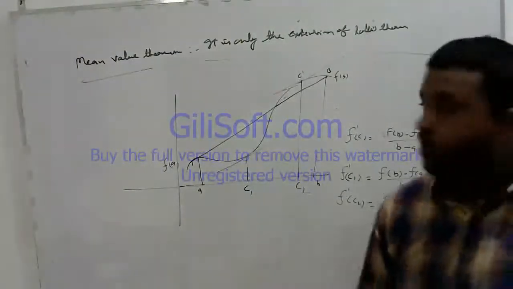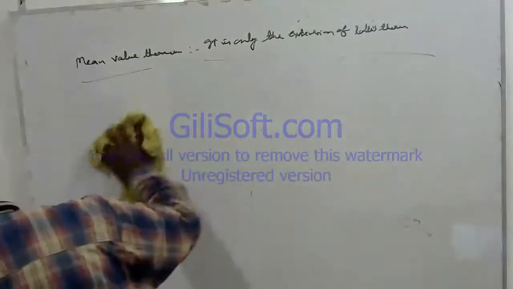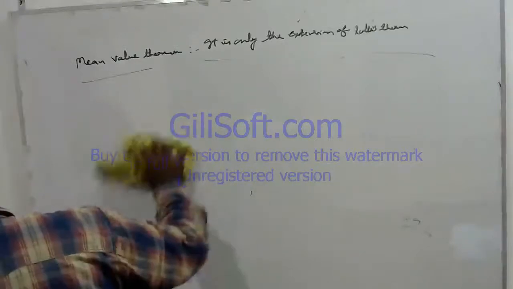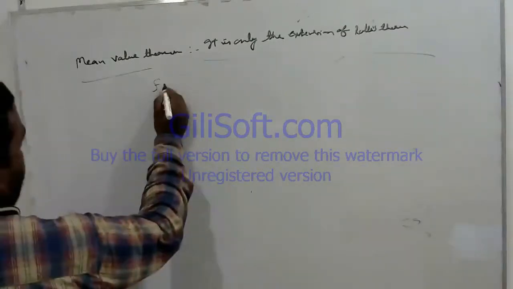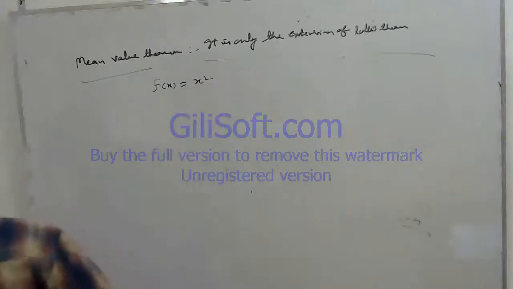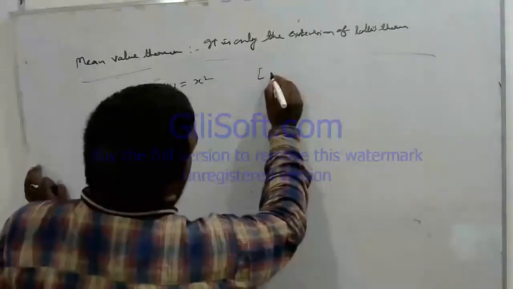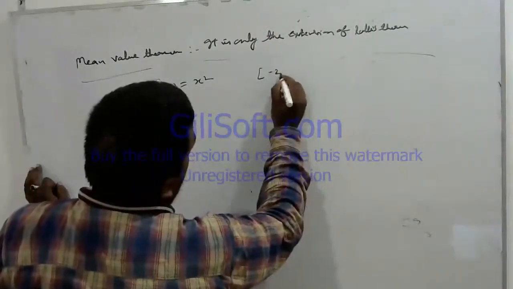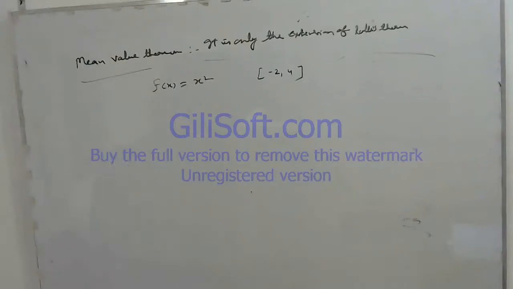Now to understand this theorem, let us check one example. Suppose there is a function f(x) equal to x square, and we take the interval from -2 to 4.